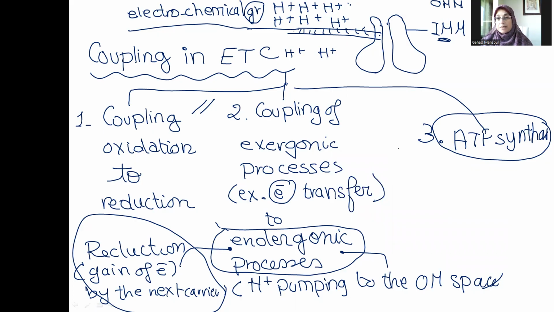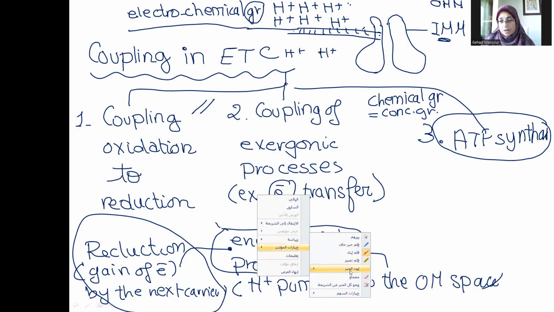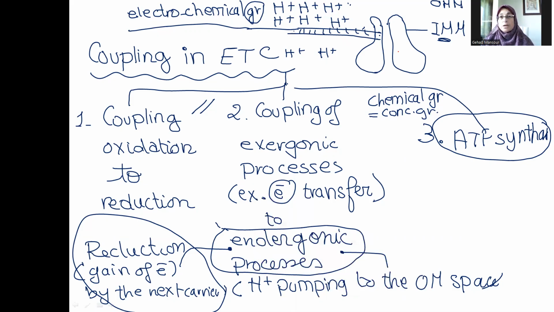There is a concentration gradient because there is a difference in concentration between the hydrogen ions outside and the hydrogen ions inside the matrix.